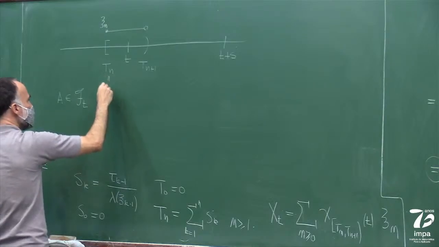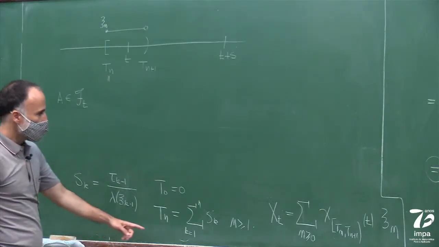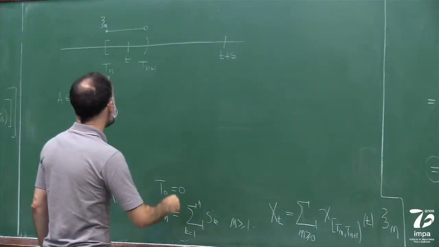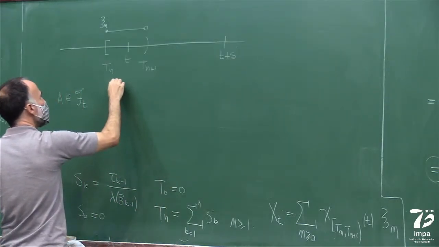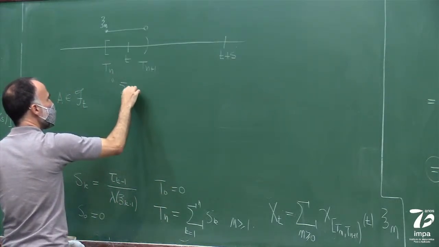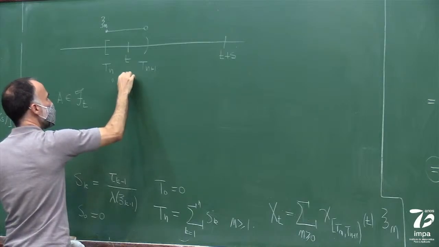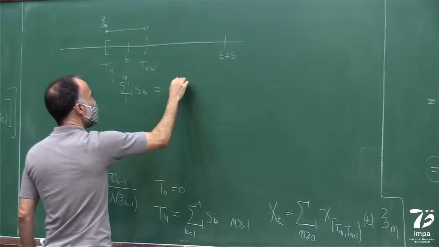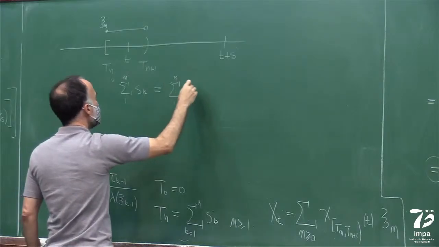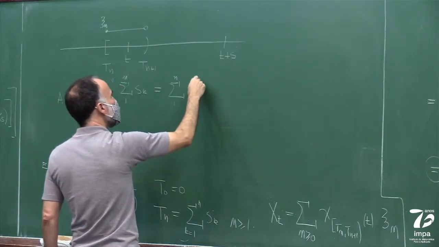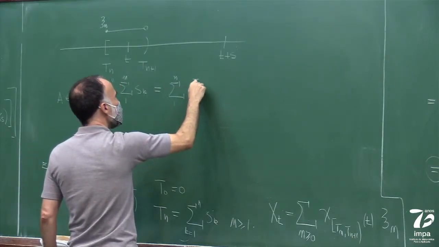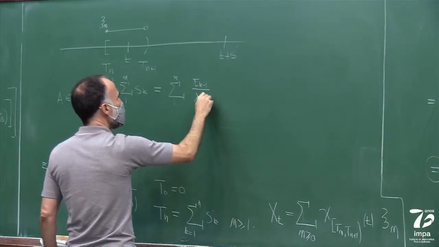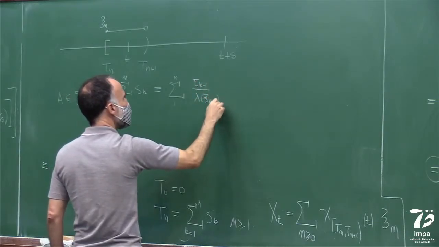And Tn is the sum of S_k, where S_k is tau k minus 1 divided by lambda psi k minus 1.